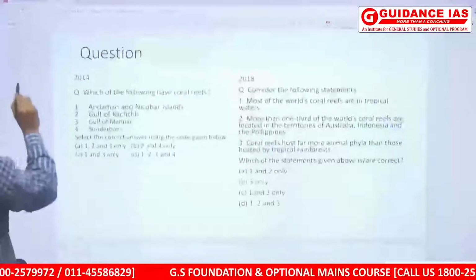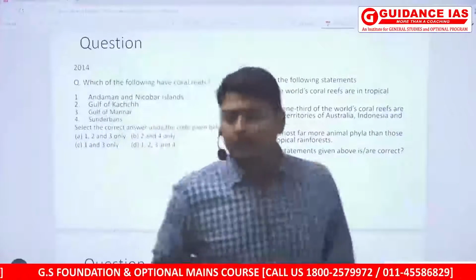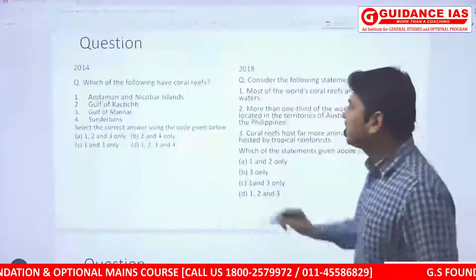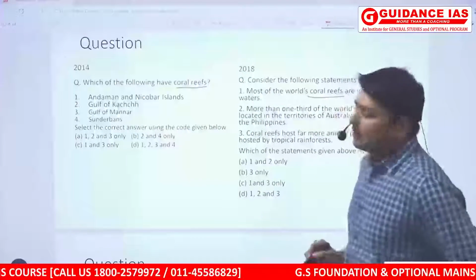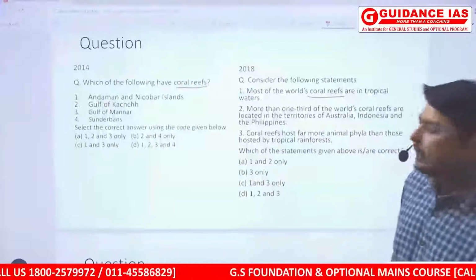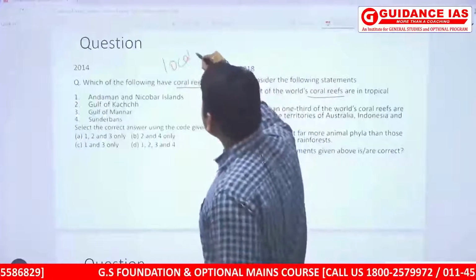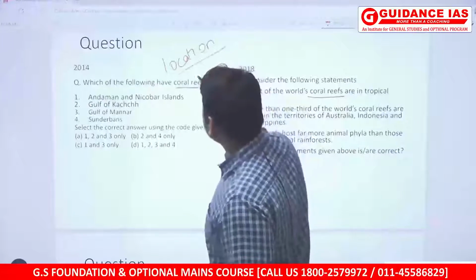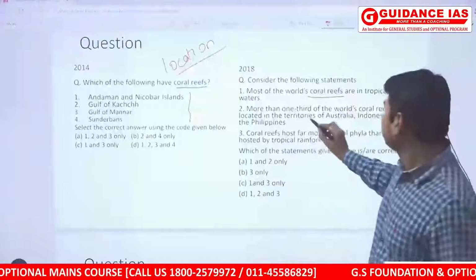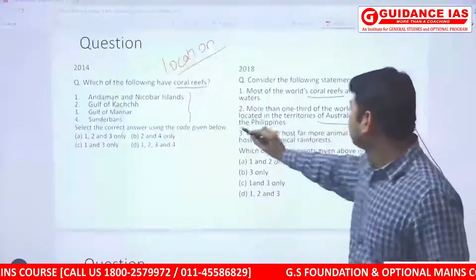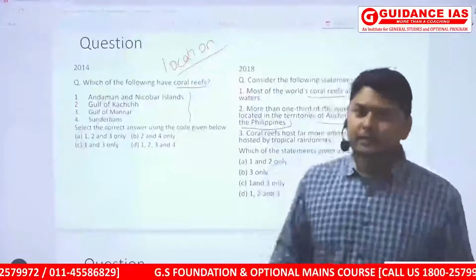Now, next we have a question here. We have questions of 2014 and 2018. The question is basically on coral reefs. The question is demanding the location of corals, the coral reefs' location in the oceans or seas.